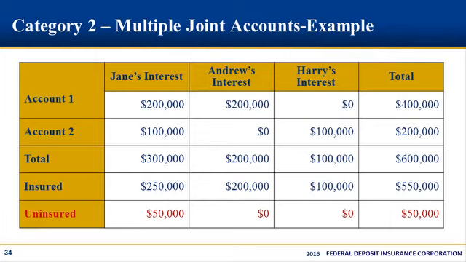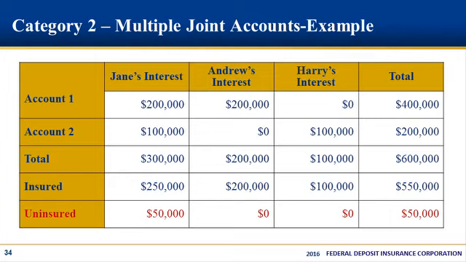The individual ownership interest for each owner under account number 1 is 1/2 of $400,000, or $200,000 for Jane and $200,000 for Andrew. For account number 2, we see that the ownership interests are $100,000 for Jane and $100,000 for Harry.